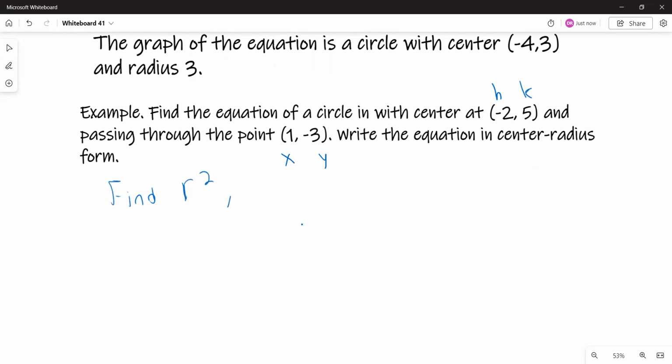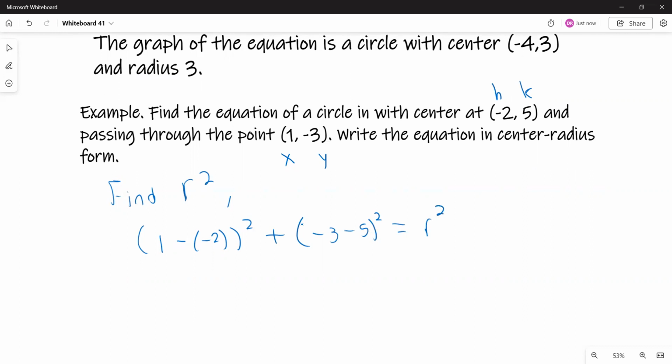It shouldn't be difficult because x minus h, that's going to be 1 minus negative 2. That's going to be 1 plus 2, plus negative 3 minus 5 squared. That's going to be the square of the radius.